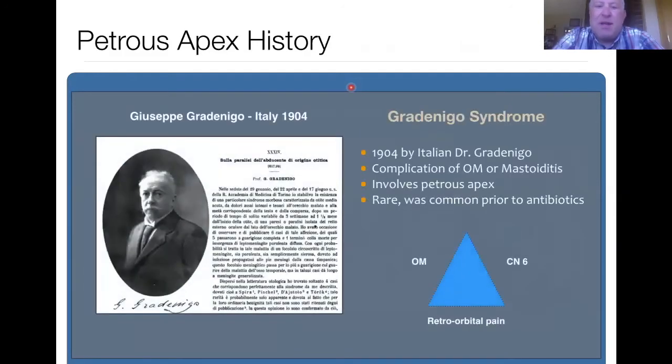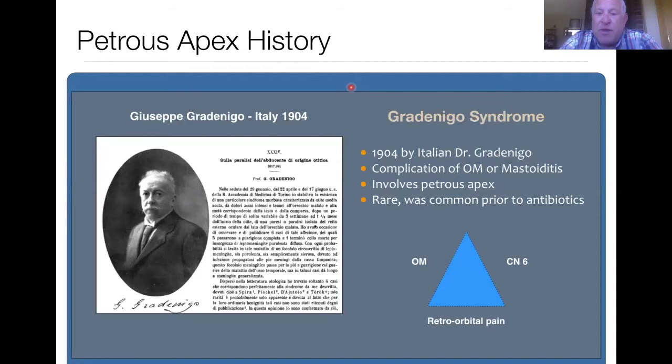Perhaps the most famous person of all, especially if you were living in the early parts of the 20th century, would have been Gradenigo, who was an Italian ENT. And in 1904, he wrote a paper describing some of the complications of otitis media and mastoiditis involving the Petrous Apex. Fortunately, this rare lesion, which was common before antibiotics came into play in the late 1930s, early 40s, was a very life-threatening illness.